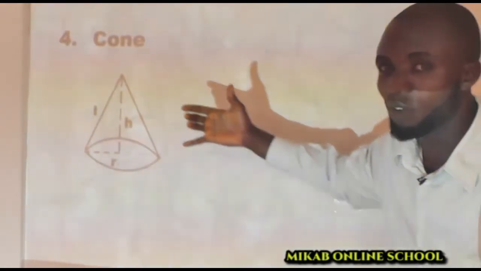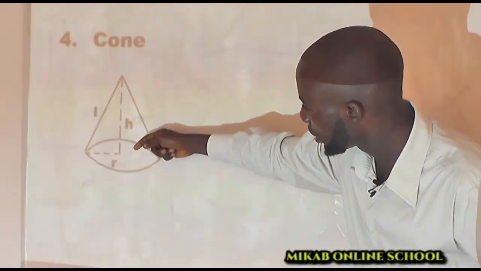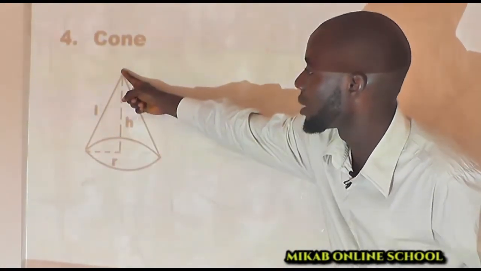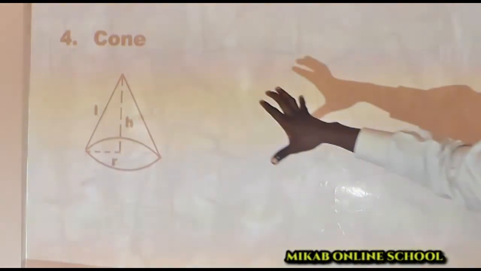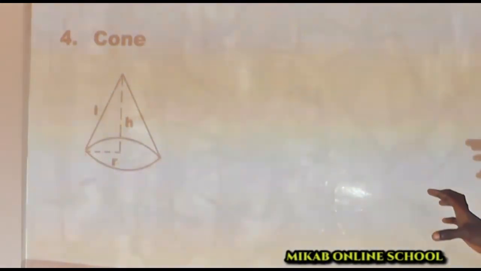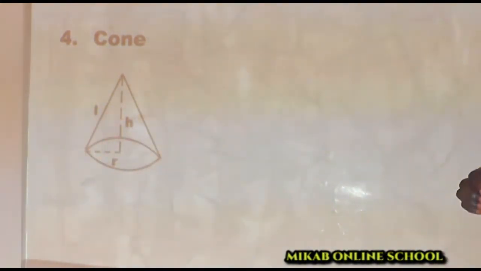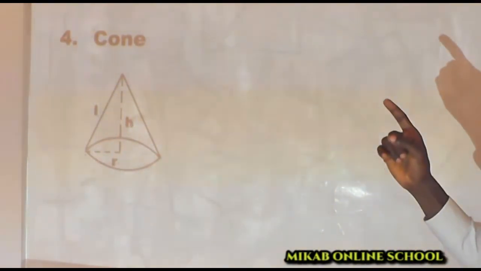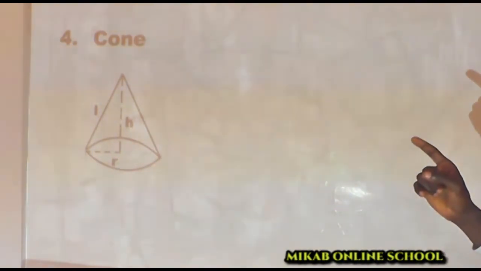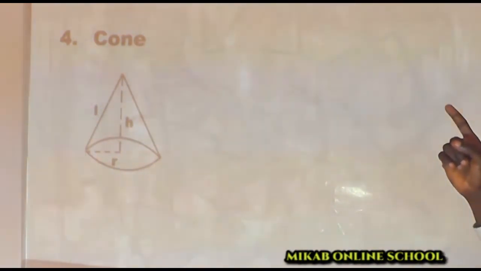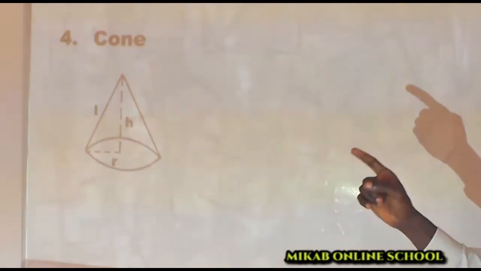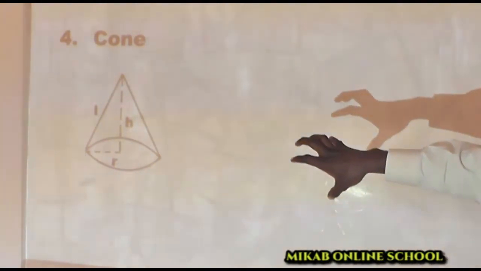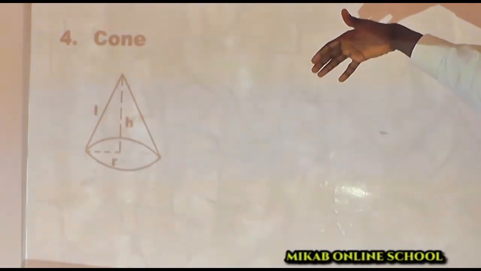The cone has another parameter called the slant height. With the look of things, the cone is controlled by three parameters. The first one is the slant height, the second one is the height itself, and the third one is the radius. These are the three parameters that control the cone.